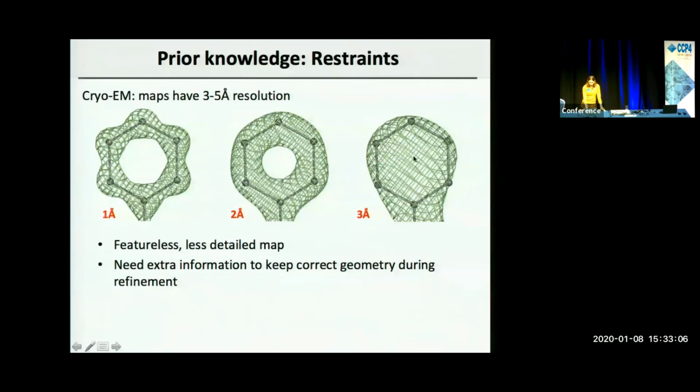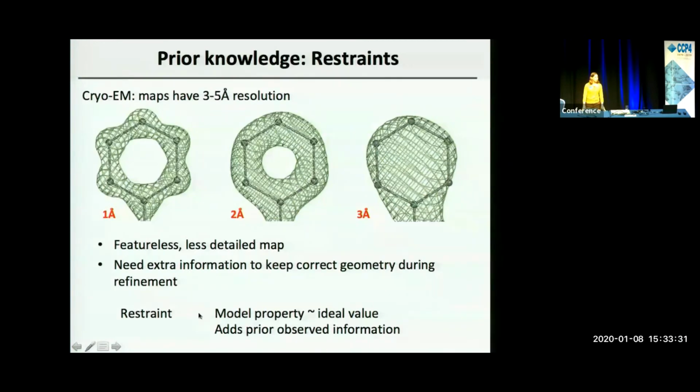So what happens then is that each atom will end up in the center of the blob, and it will not look like the correct geometry of the side chain. So for refinement, we will supply restraints, and the restraints will make sure that these atoms have correct bond lengths and angles and form a plane. When we use restraints, we say that the model property is approximately equal to an ideal value, and this will add prior observed information.